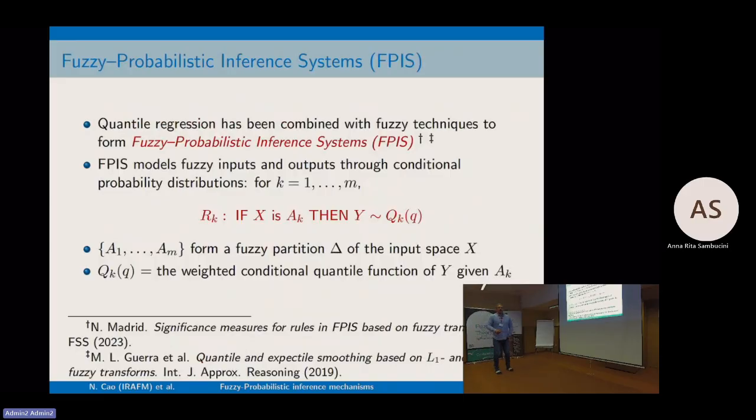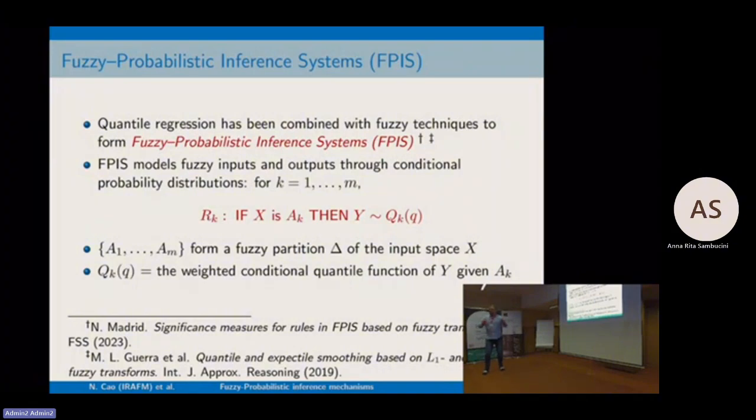A fuzzy probabilistic inference system is a system of if-then rules, where in the antecedent we have fuzzy sets, and in the consequent we have quantiles describing the distribution of some random variable y. So x is a real variable, and y is the random variable.